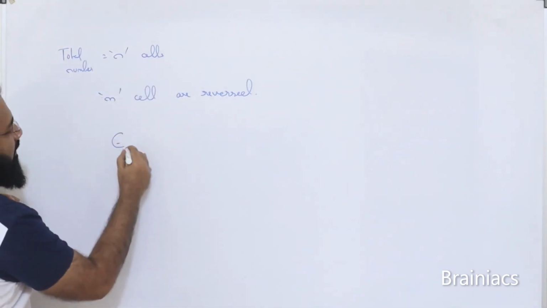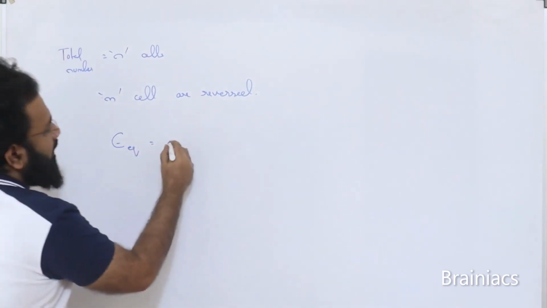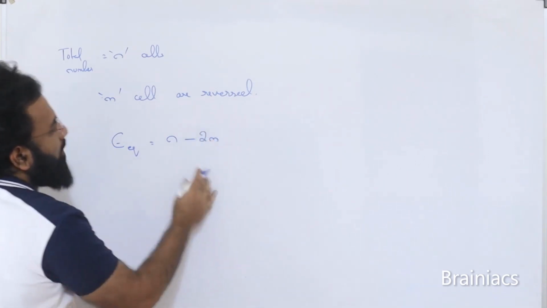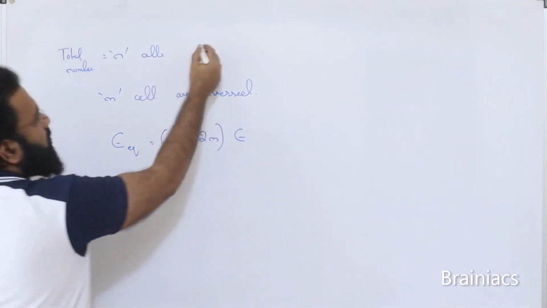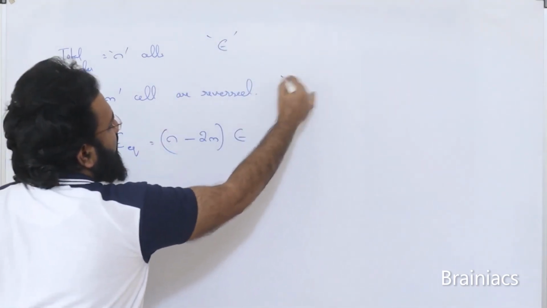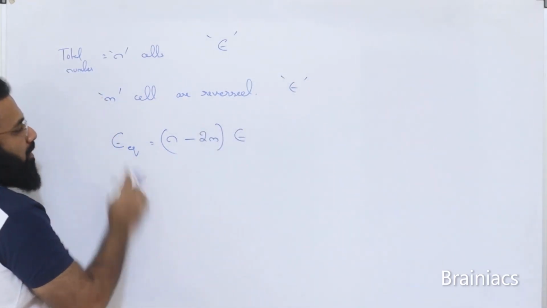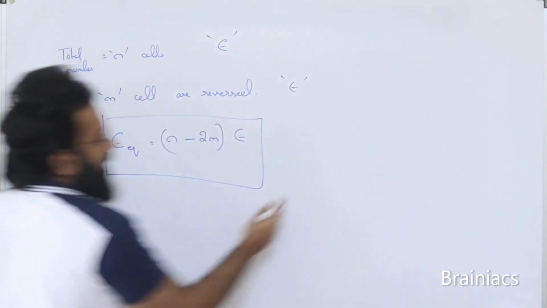So we can write equivalent EMF is nothing but n minus 2m into E. Suppose all these cells have EMF E, and just m cells' polarities are reversed. So equivalent EMF is nothing but n minus 2m into E.